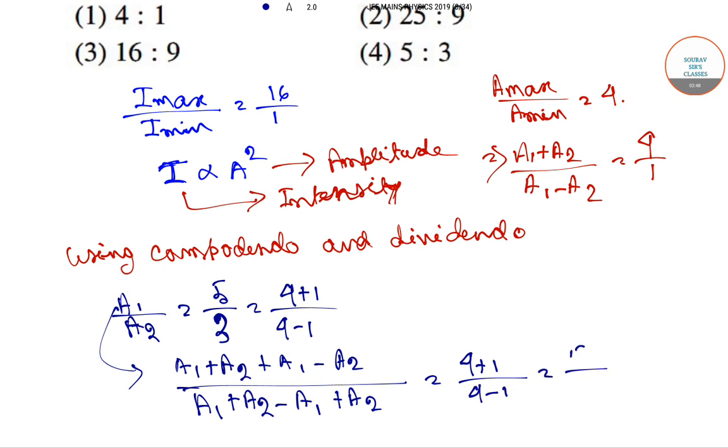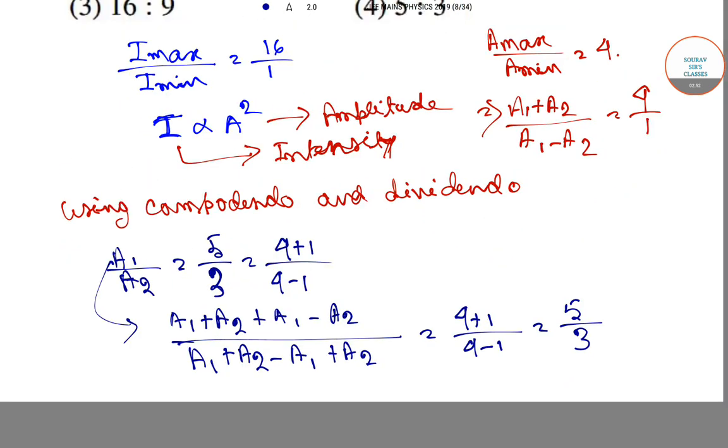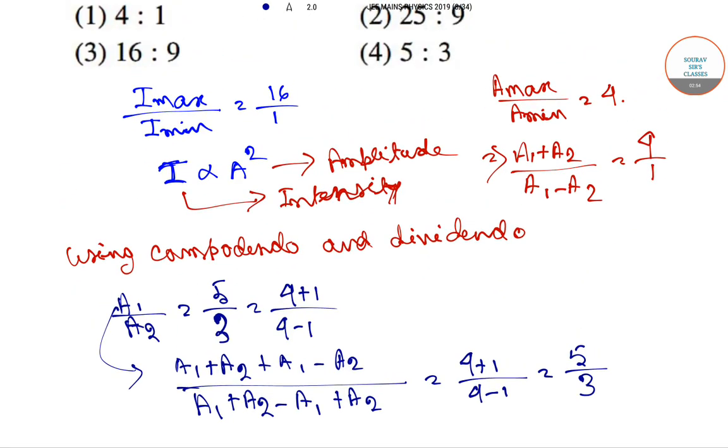So this equals 5 by 3, and here we get 2 A1 divided by 2 A2. So 2 is cancelled out, and A1 by A2 is 5 by 3.